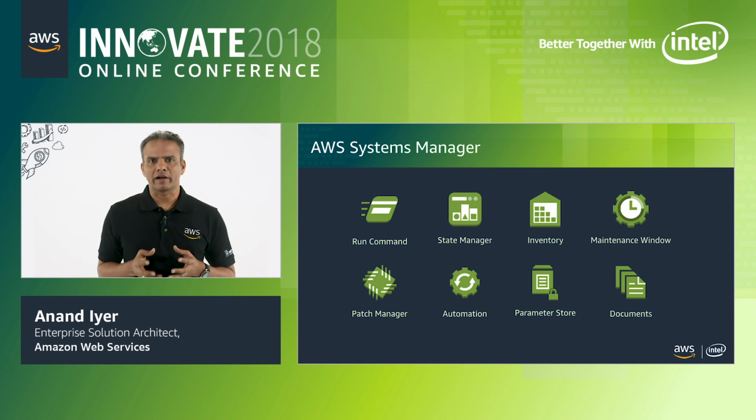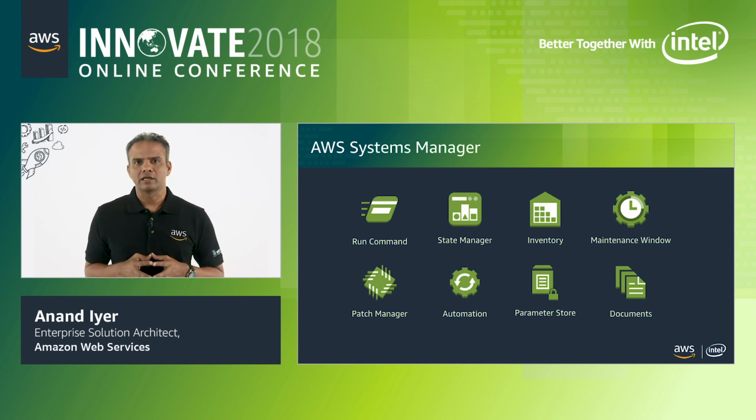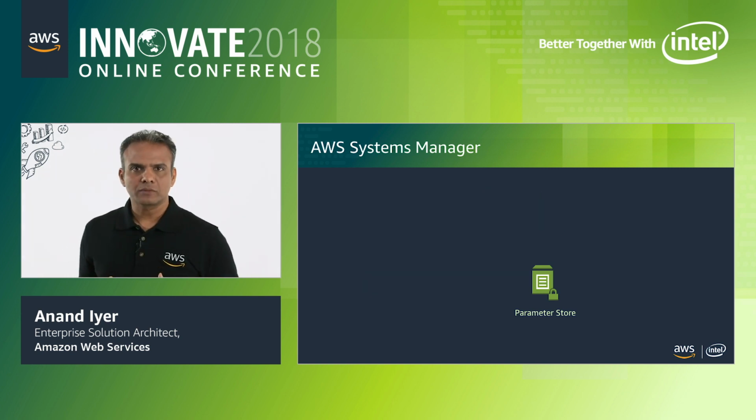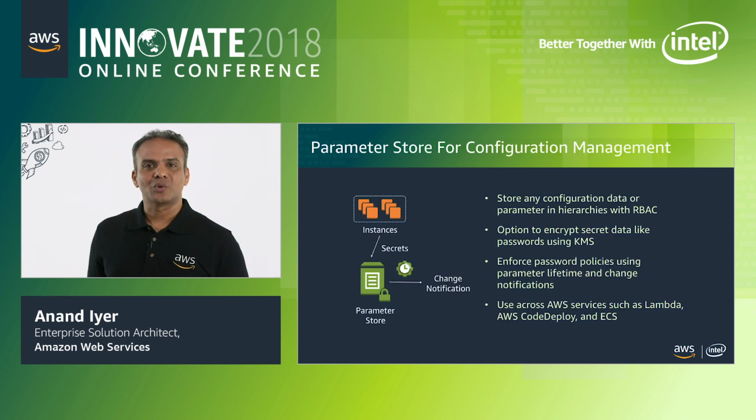Parameter Store is great for storing secrets that need to be dynamically injected into immutable infrastructures. So in this presentation, we'll focus on Parameter Store. Parameter Store lets you store configuration information and even secrets in a place that's secured by AWS Key Management Service, KMS, and is easy to interact with.